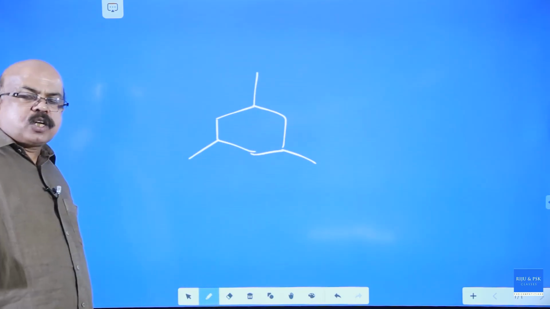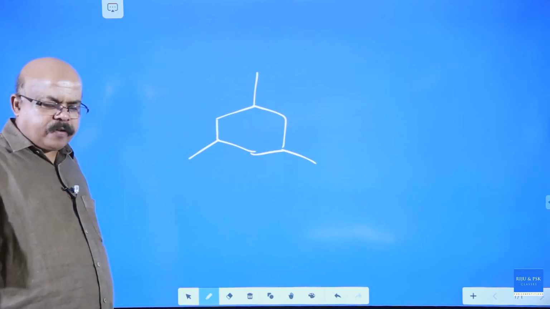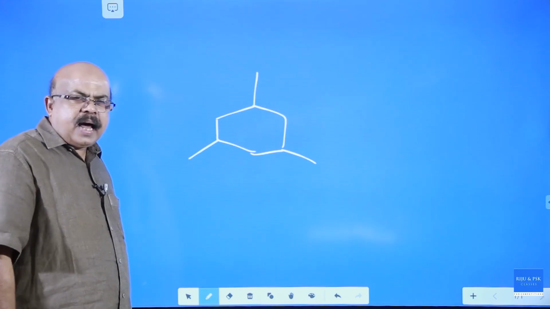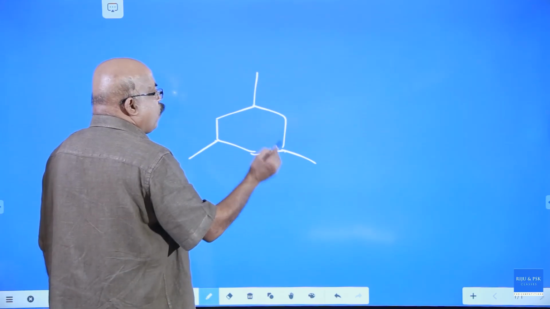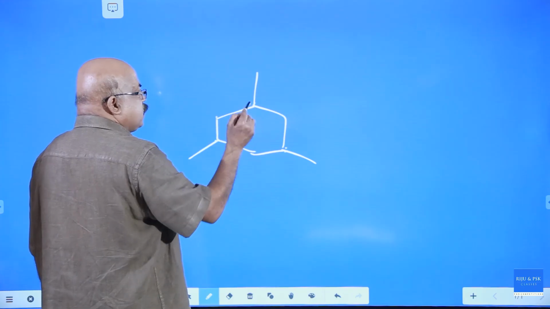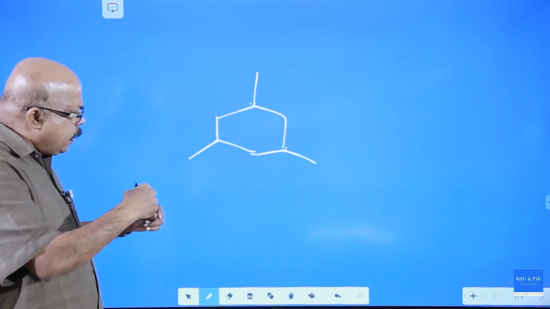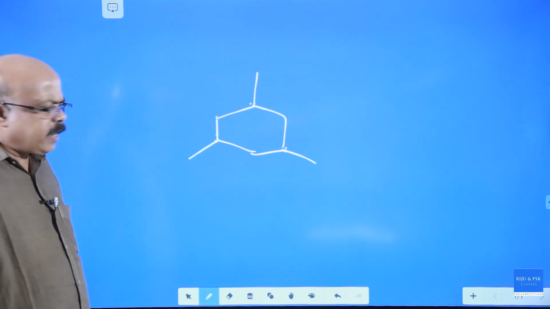3 substituents, all 3 are identical, and they are at equivalent positions. Whatever the numbering pattern, the locants are 1, 3, 5.